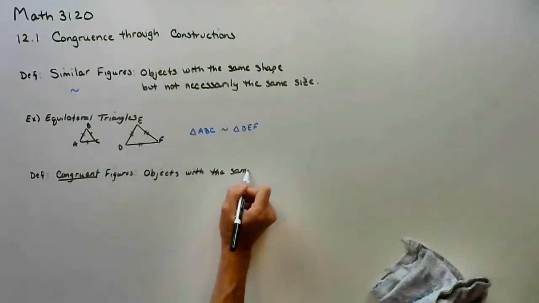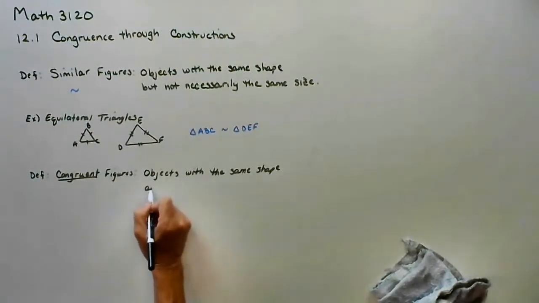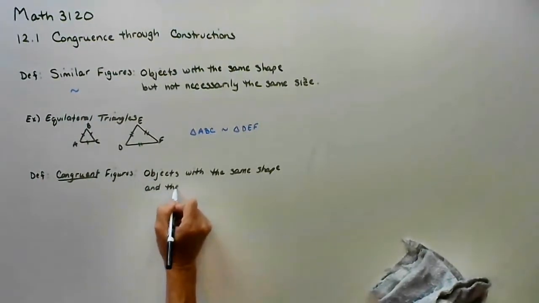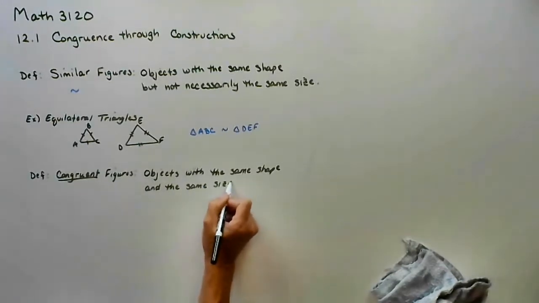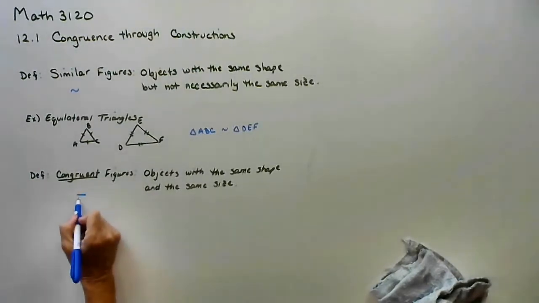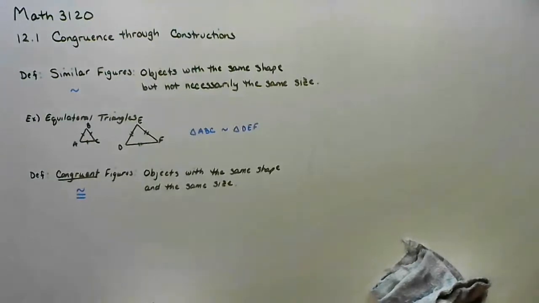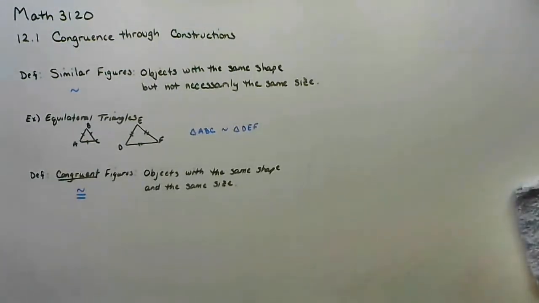Or I'll go in the same order, the same shape and the same size. So the symbol again for congruence, an equal sign with that squiggle above it. Okay? So congruent figures are identical.